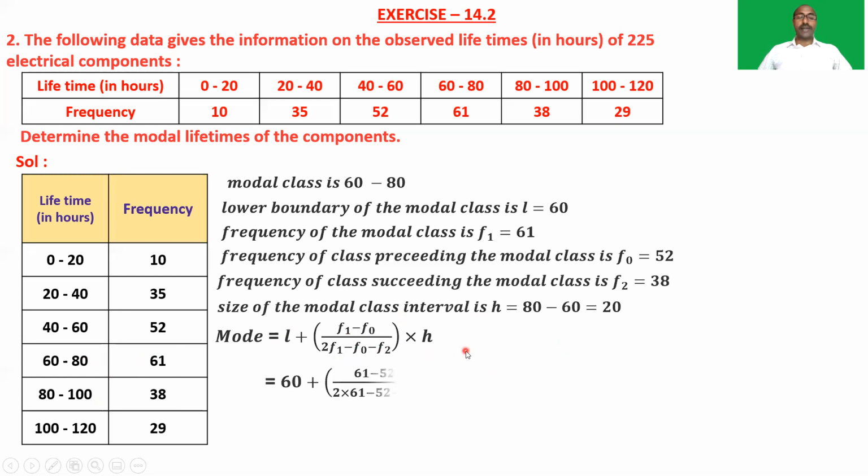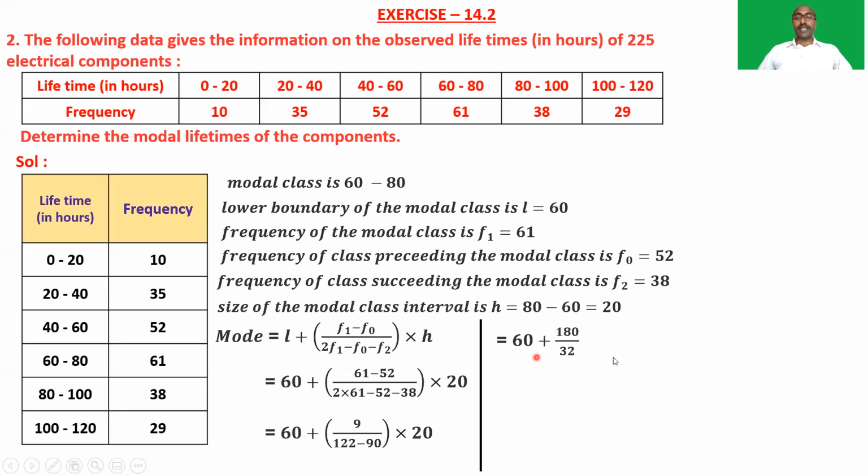By substituting these values, 60 plus 9 by (122 minus 90) into 20, that is equal to 180 by 32. 60 plus 180 by 32, which gives us 5.625, and is equal to 65.625. So the modal lifetime of the given electrical components is 65.625 hours.